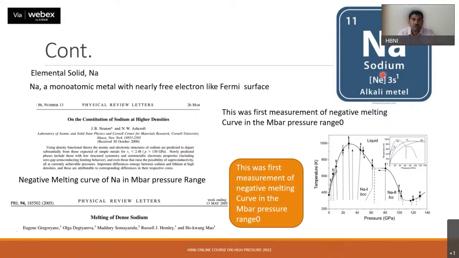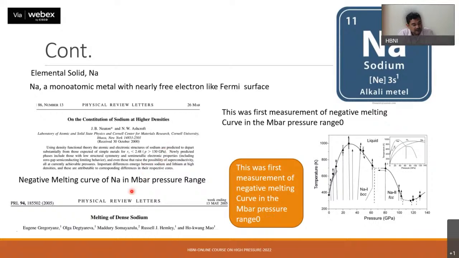We all know that sodium belongs to the first column, and sodium is an alkali metal with neon as its core and a valence electron in the 3s1. So there was a paper by Ashcroft on the constitution of sodium at higher densities. What he said was that if you go to higher densities, sodium would show semi-metallic electronic properties.